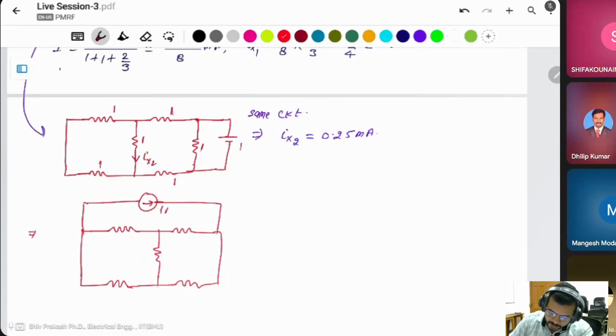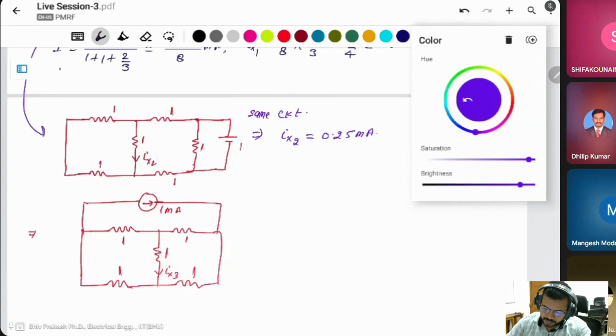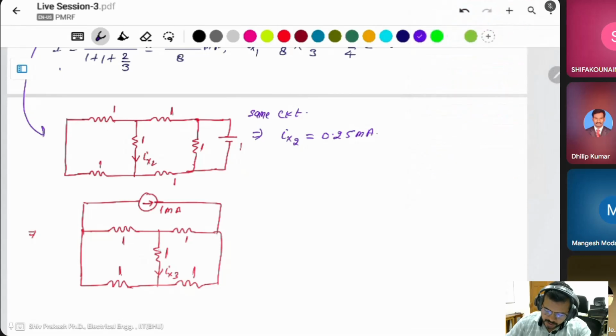One milliampere is there, with 1 ohm, 1 ohm, 1 ohm, 1 ohm, 1 ohm, and Ix3. Can you say what this circuit is?